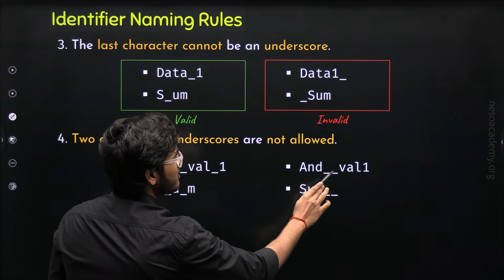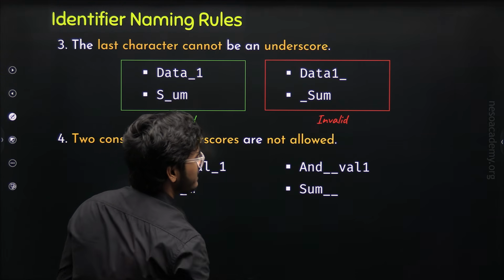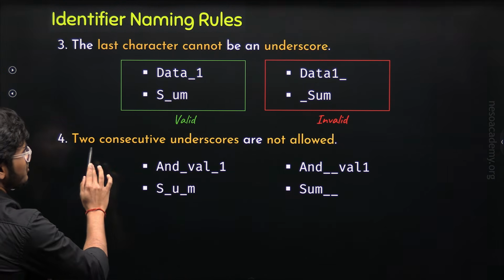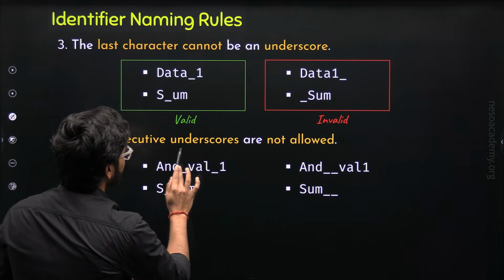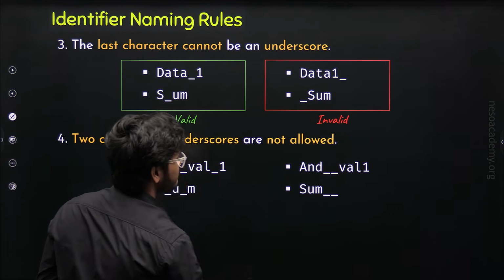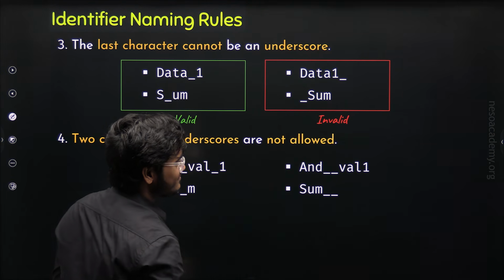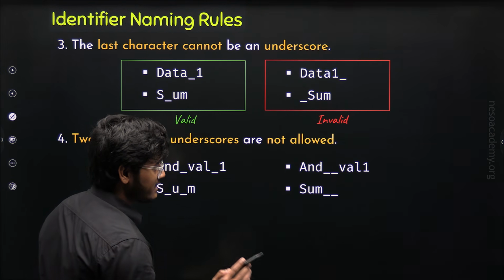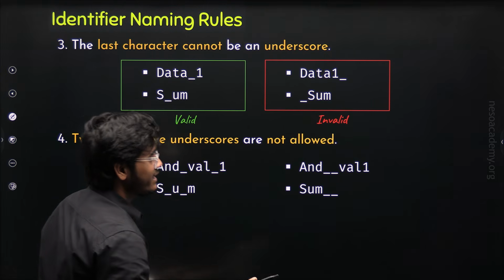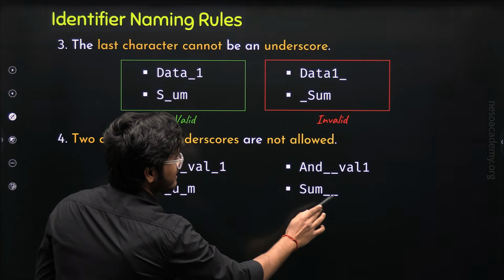And underscore underscore val1. It is clearly violating the fourth rule, which says two consecutive underscores are not allowed, and here we can clearly see two consecutive underscores, which is invalid. And the last example, sum underscore underscore. We can clearly see two consecutive underscores.